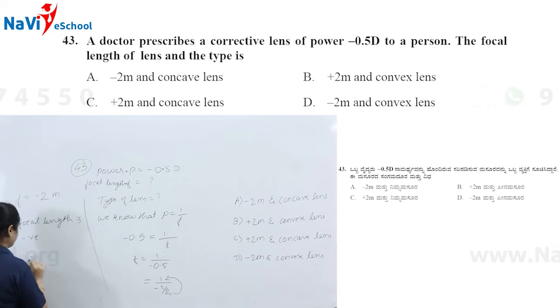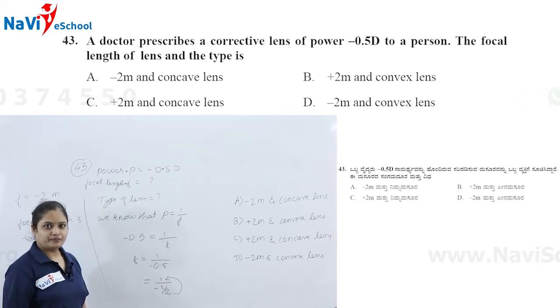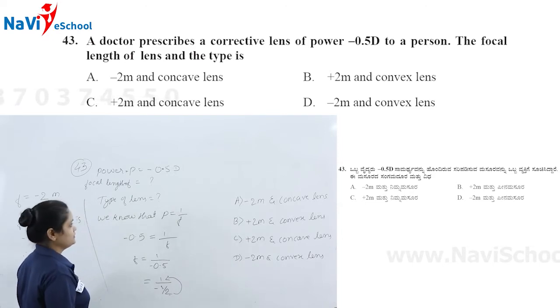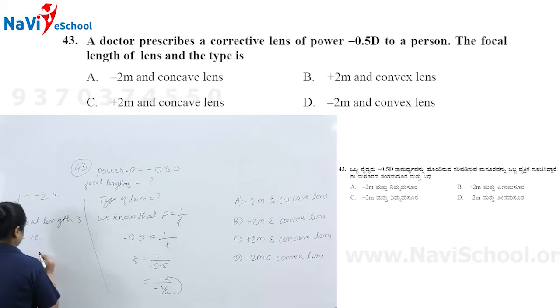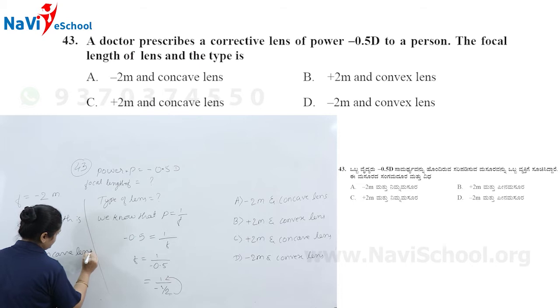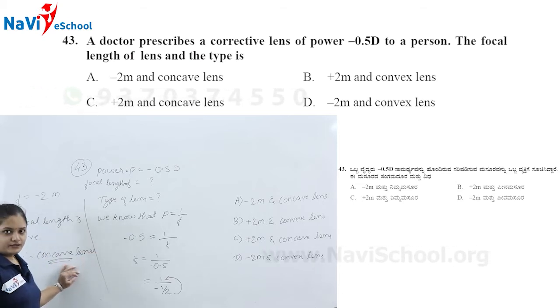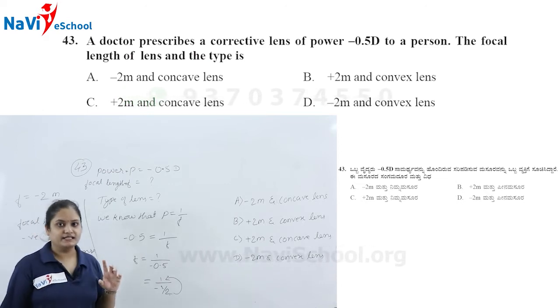Therefore, which lens we have here? Convex or concave? If the focal length is negative, then we have a concave lens. Is that so, children? Got this? How it came? If the focal length is negative, then we can say that the lens is concave.